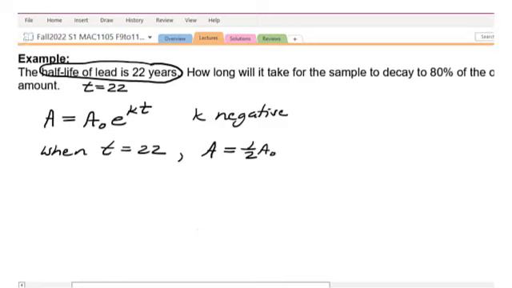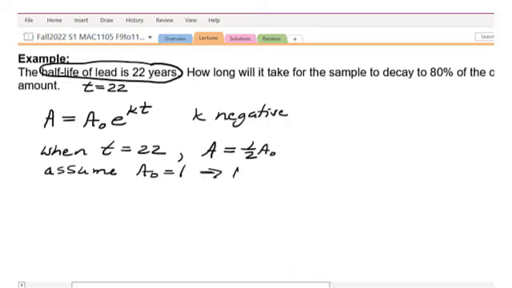Now, one way to think about this, and in my labs, they're probably going to work it a little bit differently, is that it doesn't matter how much you started with, just that the ending amount is half of that. So just to make it easier, let's assume that we started with A0 equals 1.